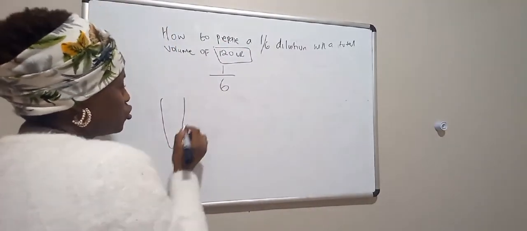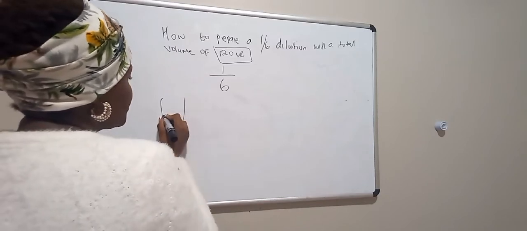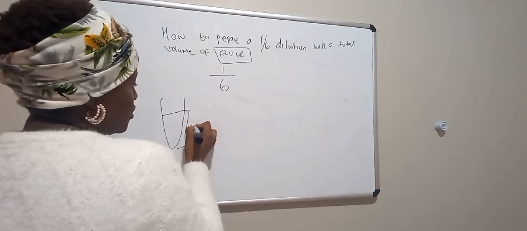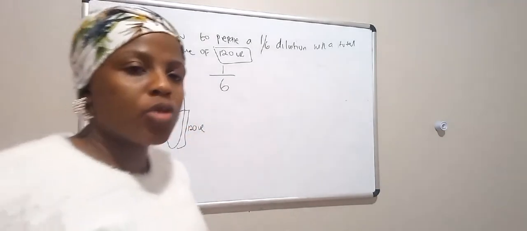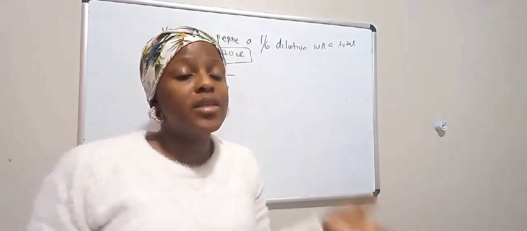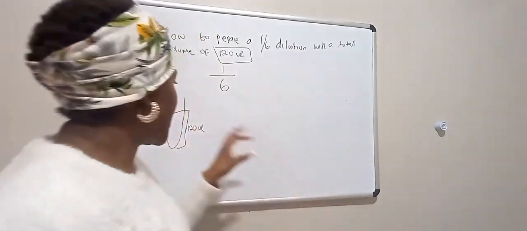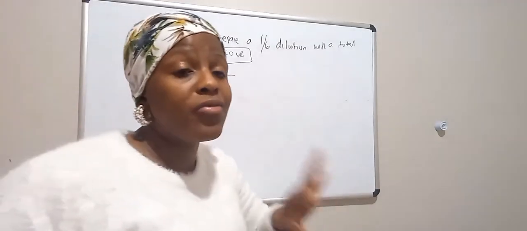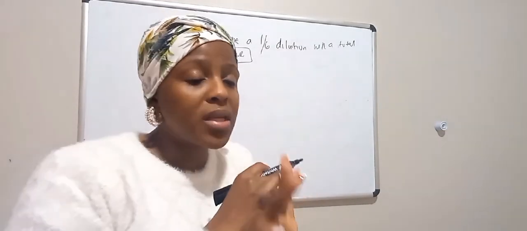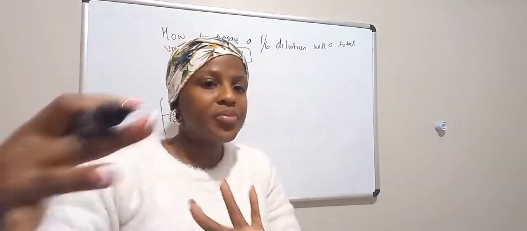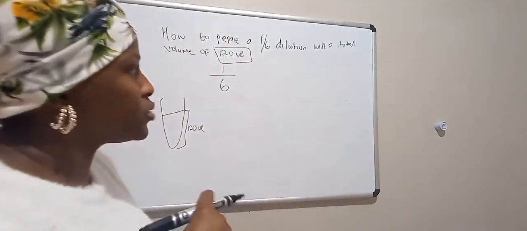So if this is your tube, the total must be 120 microliters. When you have mixed your serum and your saline as a diluent, the total must be 120. So that's what we have. What we don't know is how much of the serum and how much of the saline we must use. So we need to determine that.